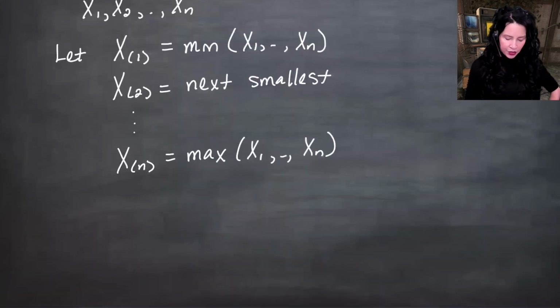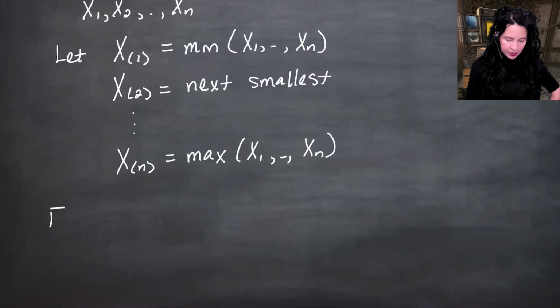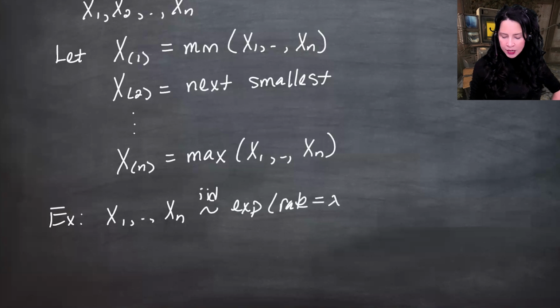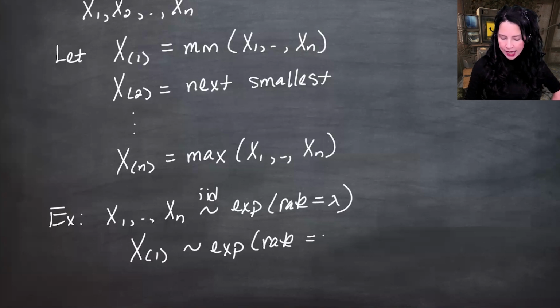But what we have shown here is that in our example, just to use this new notation, if x1 through xn is IID exponential with rate lambda, then the minimum of the x's is exponential with rate n lambda.